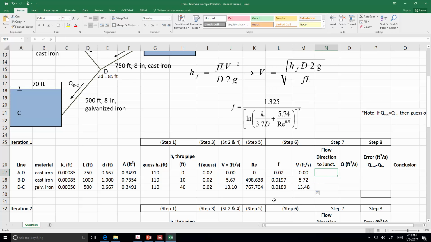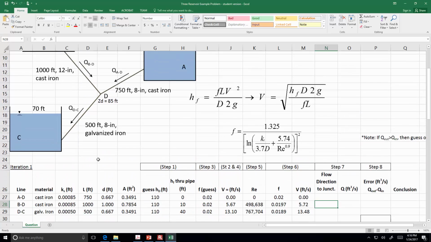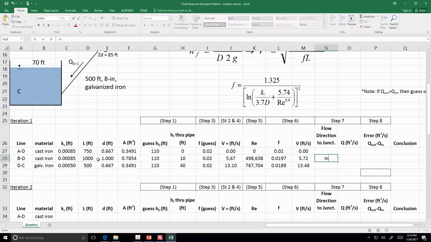And now we have to just qualitatively say, is it going into the junction or out of the junction? So from BD, the flow is going into the junction, and DC, water is coming out of the junction there. And the reason why I have you put that in that cell is just so that when you calculate the error, it's obvious what's the inflow and what's the outflow.